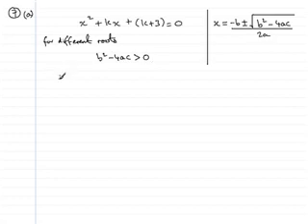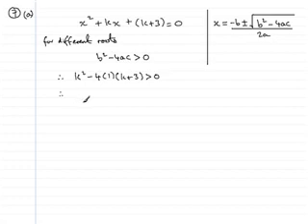So therefore, what I get is, b is the k, so that would be k squared minus 4 times the a value, which is the 1 in front of the x squared, times c. c is this constant term on the end here, so that's times k plus 3, and that has to be greater than 0.